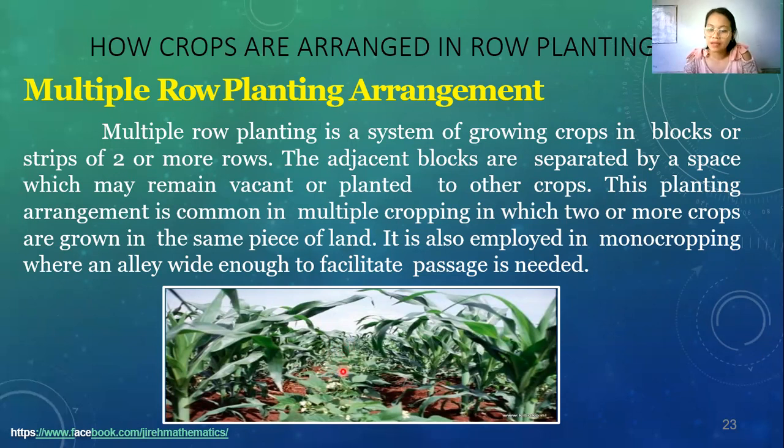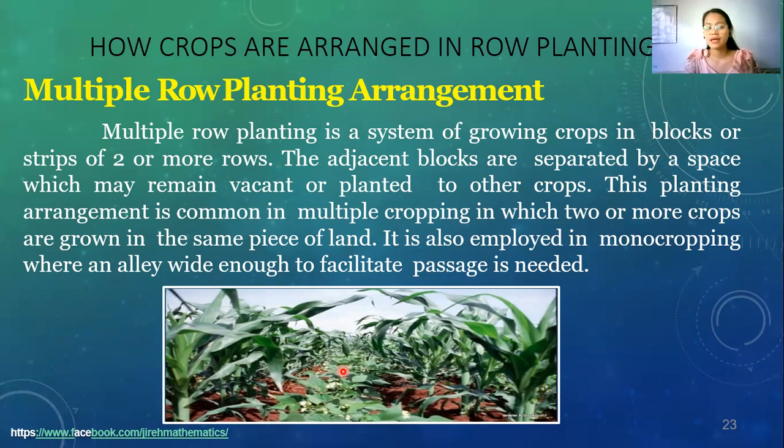The adjacent plots are separated by a space which may remain vacant or planted to other crops. This planting arrangement is common in multiple cropping in which 2 or more crops are grown in the same piece of land. It is also employed in monocropping where an alley wide enough to facilitate passage is needed.